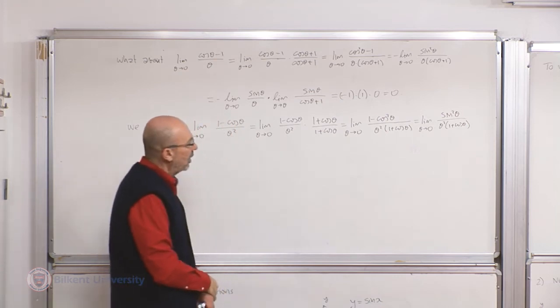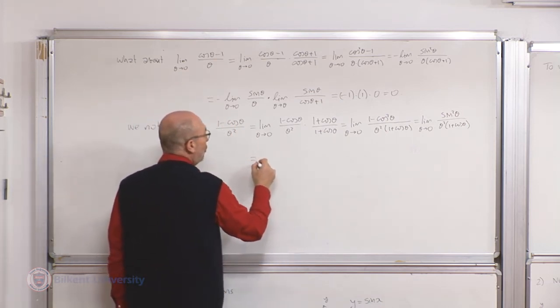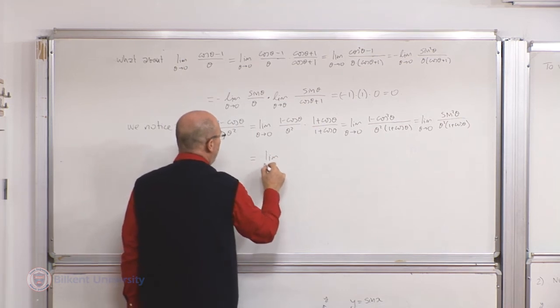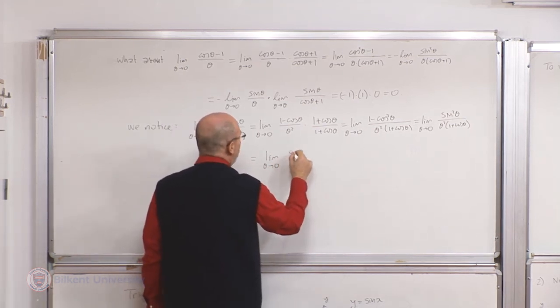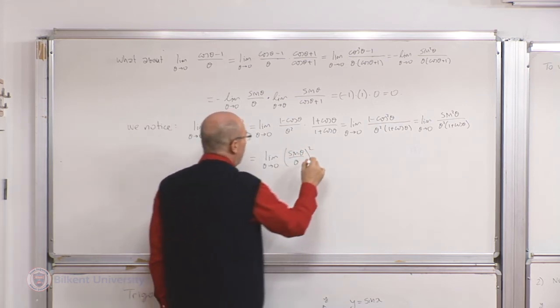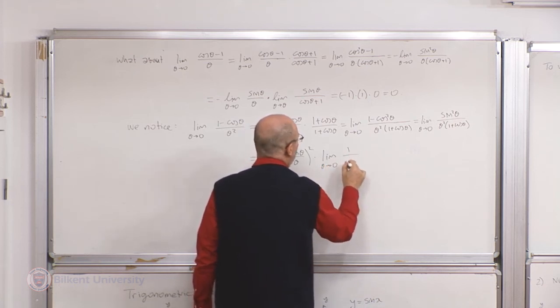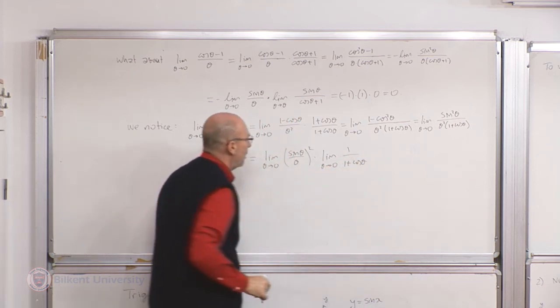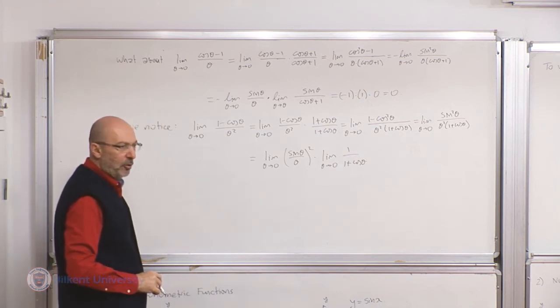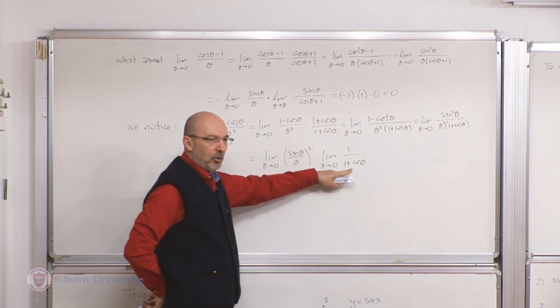Now I can use the previous limit. So this is equal to the limit as theta goes to 0 of sine theta over theta, squared, times the limit as theta goes to 0 of 1 over 1 plus cosine theta. Now I know both limits. Cosine is continuous, so the second is 1 over 2.